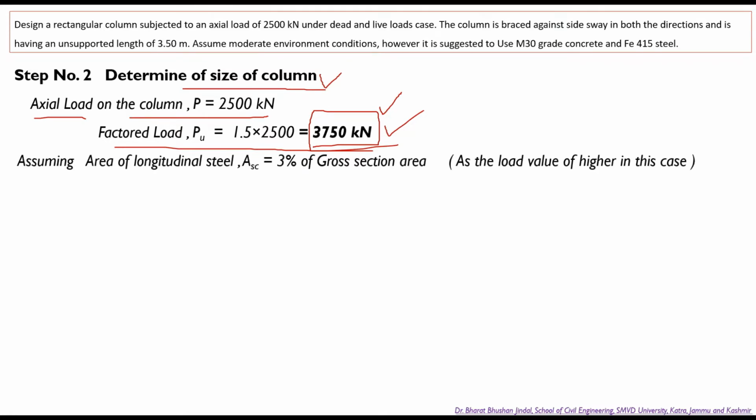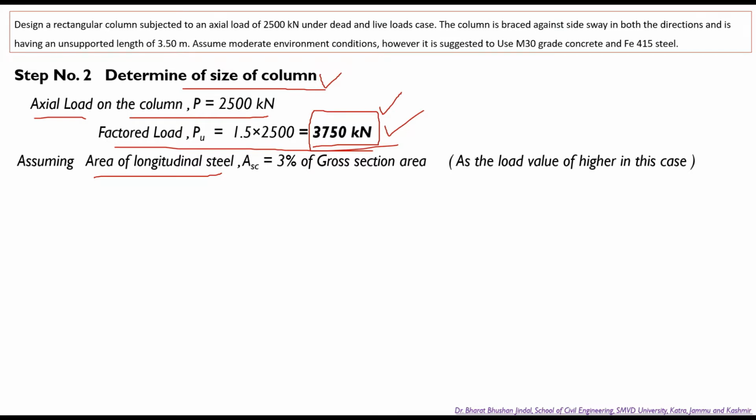Now we have to assume the longitudinal steel. As you are well aware, as per the code we can take the longitudinal steel ratio between 0.8% and 6%.